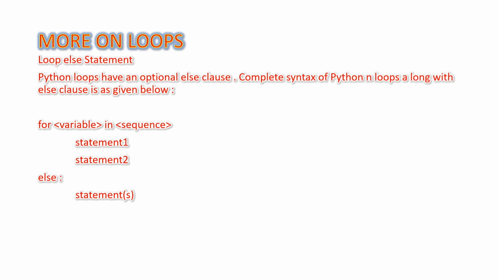For variable in sequence, statement 1 and statement 2, and else, other statements are given here. So this else part will execute when the for loop reaches its end. In that case, the statements after the else will be executed.